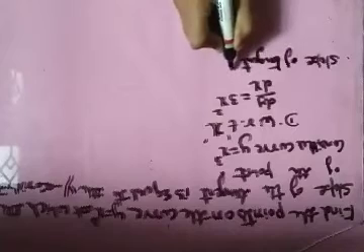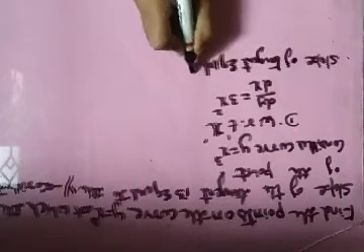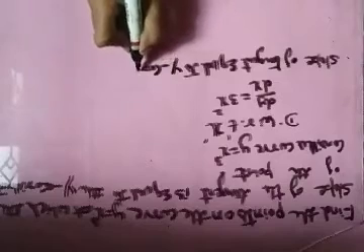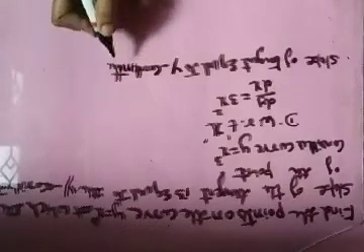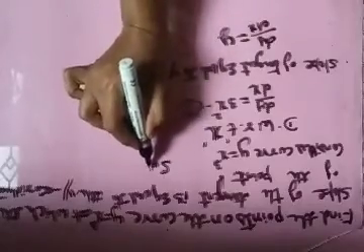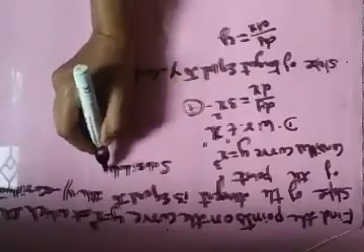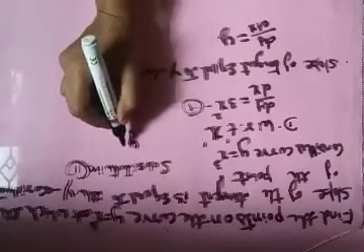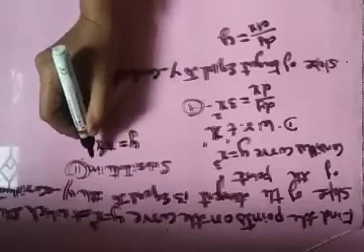Slope of tangent is equal to y coordinate. It means dy by dx is equal to y. You substitute in equation 1. So dy by dx I will replace by y is equal to 3x square.